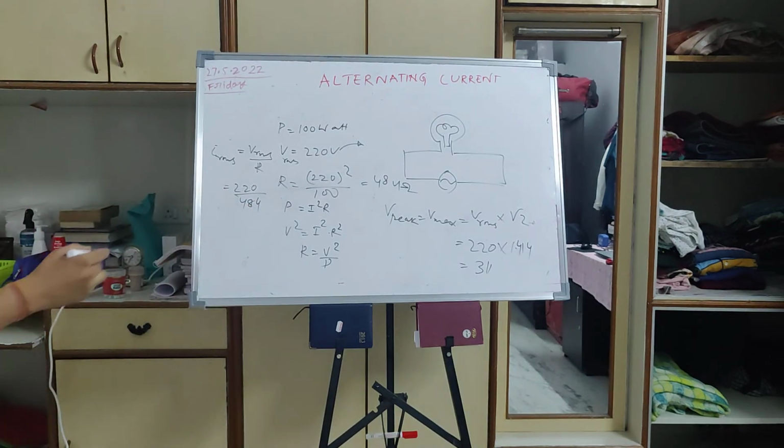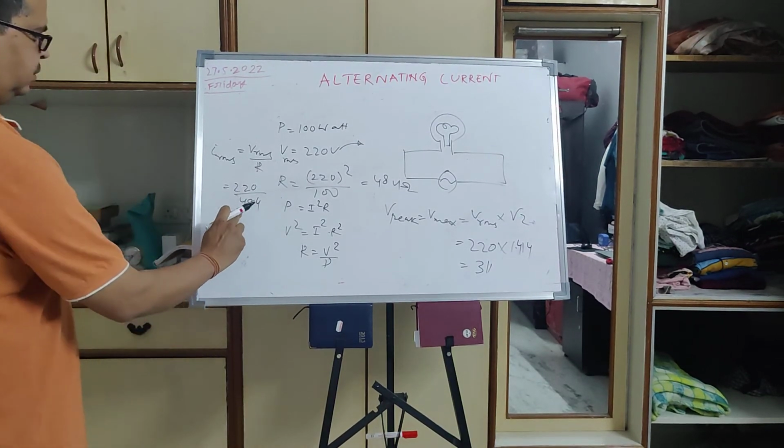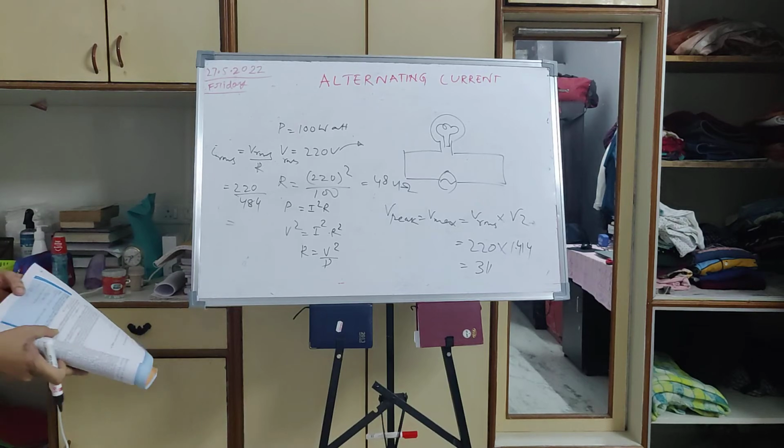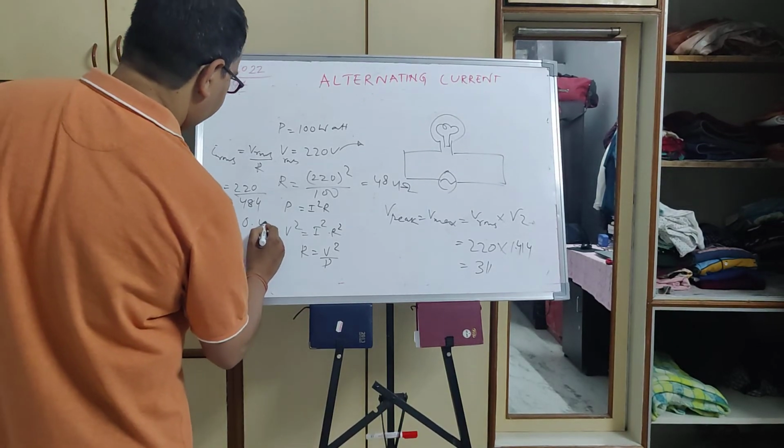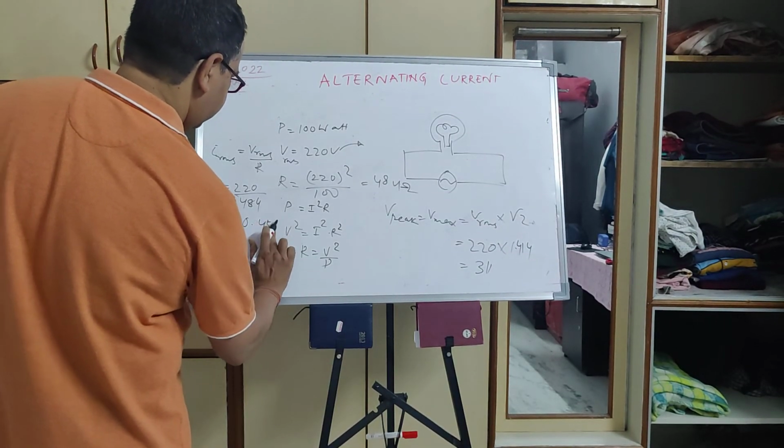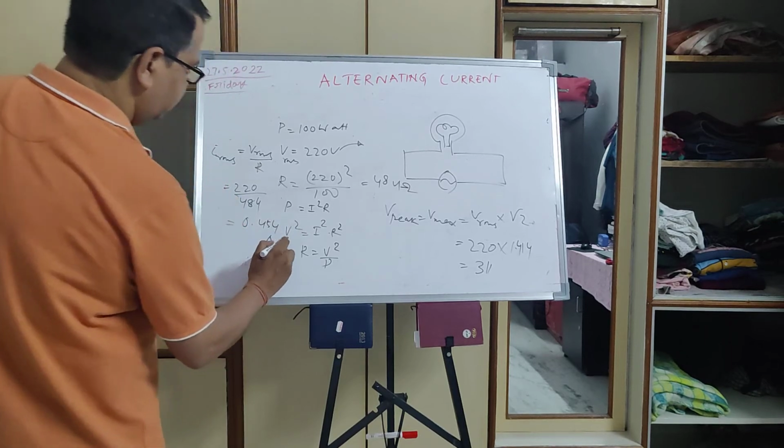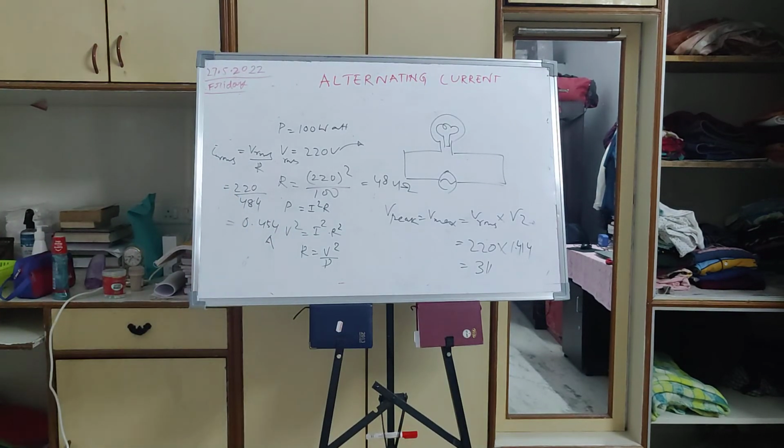So 220 by 484 is just 0.454 ampere. So for peak, we should always multiply by root 2. If peak is given, divide by root 2 to find the RMS. So this is a perfect example.